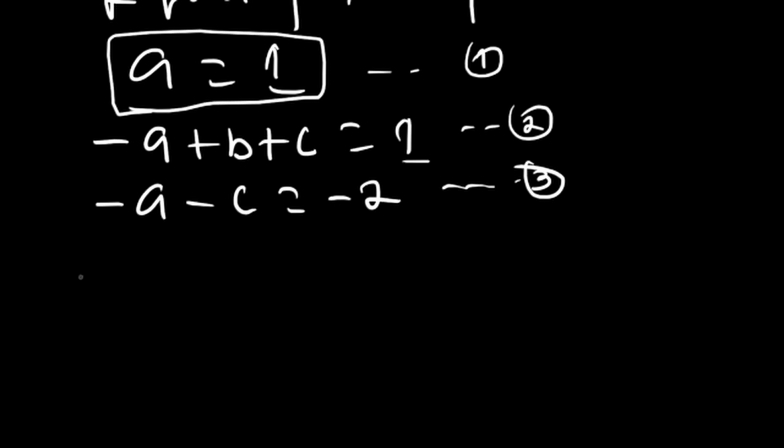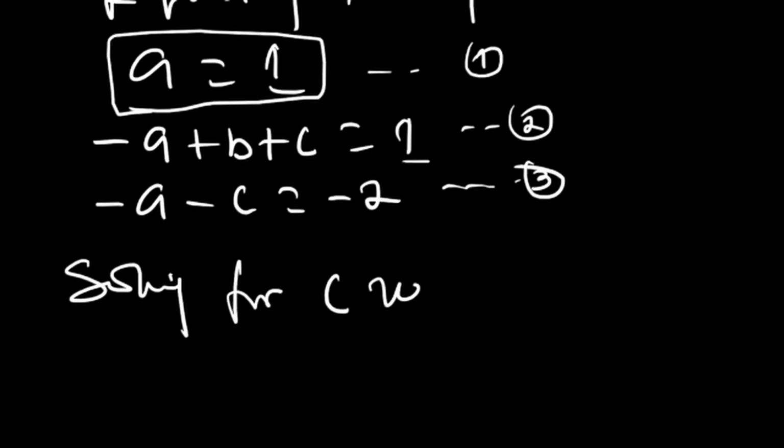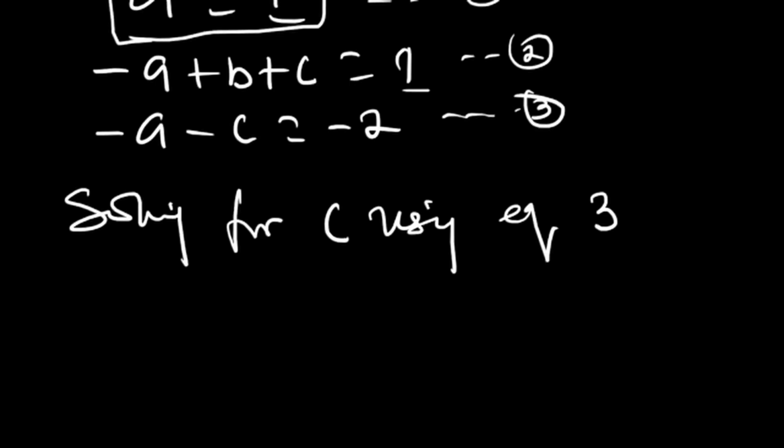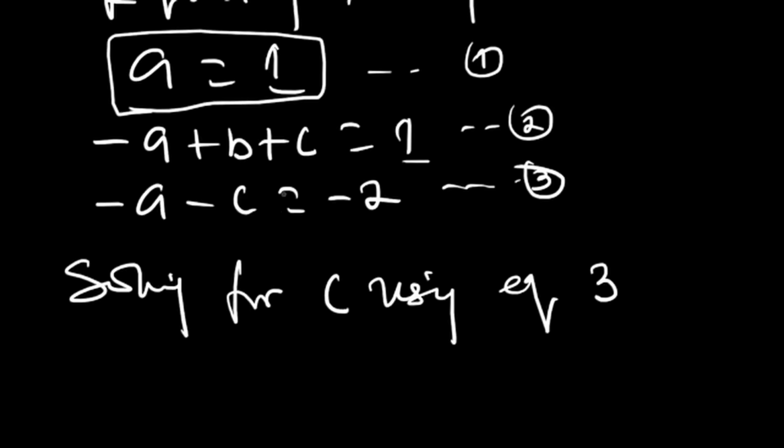So I'm going to solve for C using equation 3. Since I have my A already, I can use this A to find my C. We have minus A minus C is equal to minus 2. What's our A? Our A is 1, right? Correct.